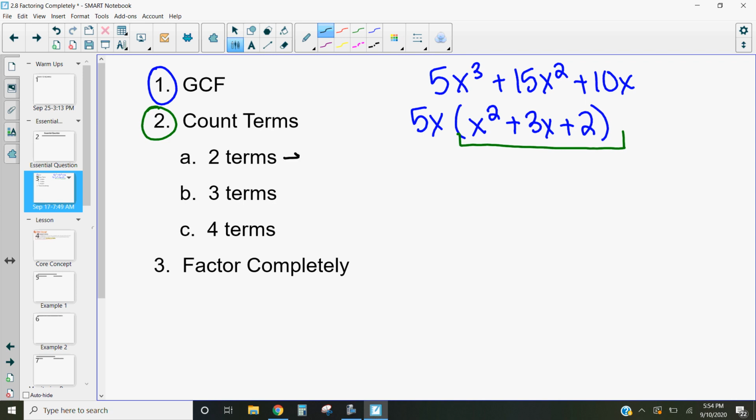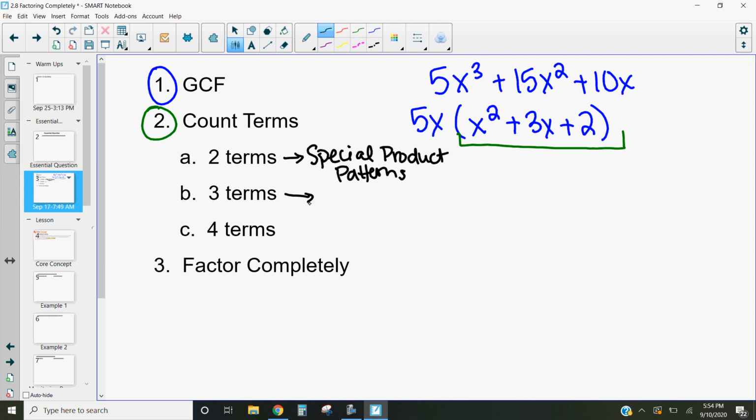If I have 2 terms, then I have to use one of those special product patterns. Remember, that's like the difference of squares. At some point, we'll talk about the difference of cubes, things like that. That's that special products pattern. We have to use that when we only have 2 terms.